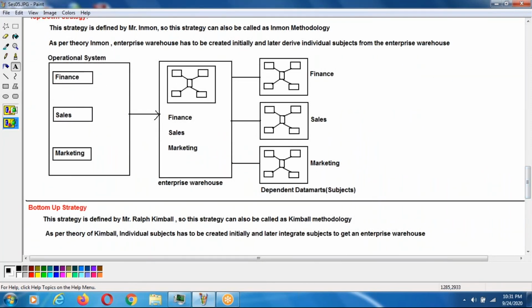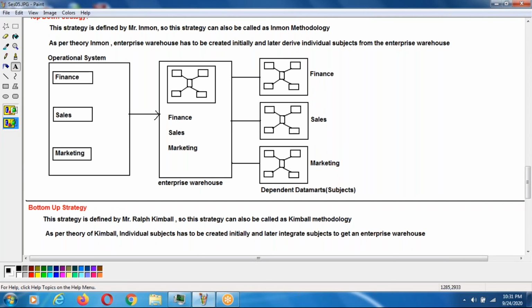Because when you create an enterprise warehouse, usually it is summarized data. You are summarizing all the subjects' data. Once you have summarized it, how can you give the detailed data individual subject wise? Not possible. To give the individual subjects, you would have to maintain the complete data in the enterprise warehouse without summarization. No meaning in that.